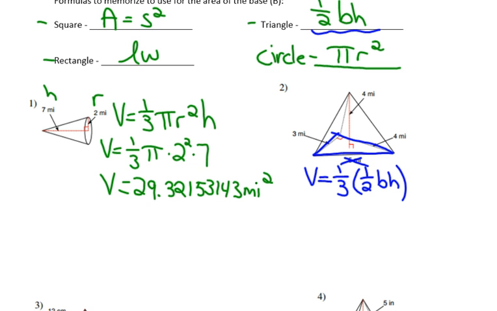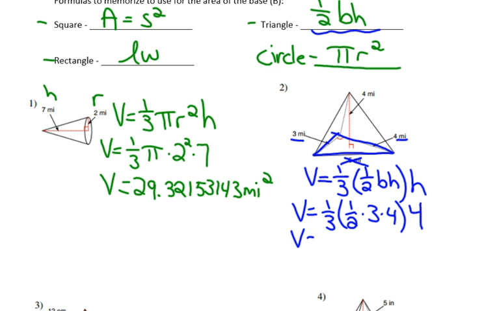I'm putting that in parentheses because this is for the triangle and I don't want you to confuse it with the height for the pyramid. And then we'll have another H. So 1/3 times 1/2 base and height of the triangle are 3 and 4. And height of the pyramid happens to be 4.